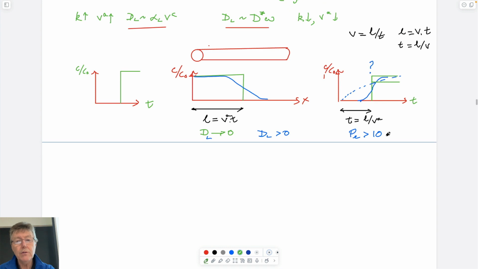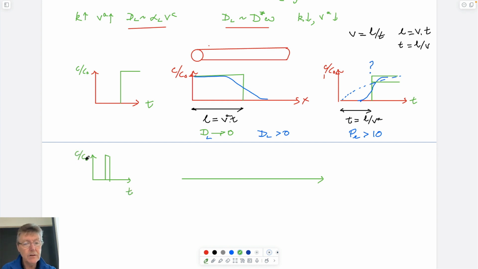We certainly know that if we looked at this one case where we had dispersion, so if we have a step input, which is like a Dirac delta function, so this is our concentration versus time. This is the input. This is C over C0.